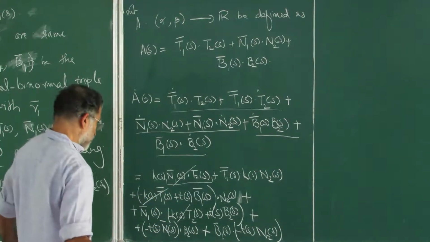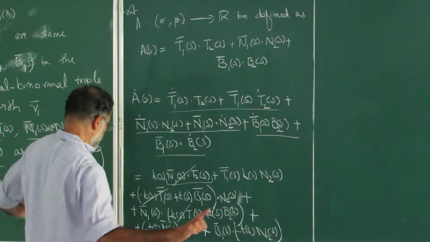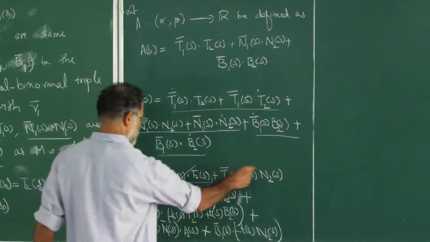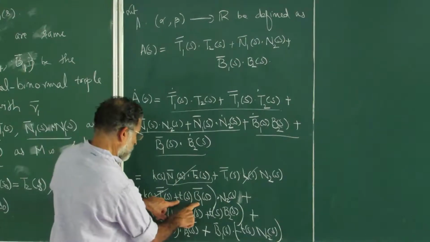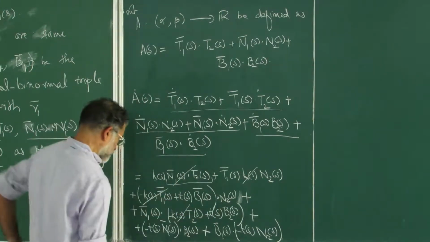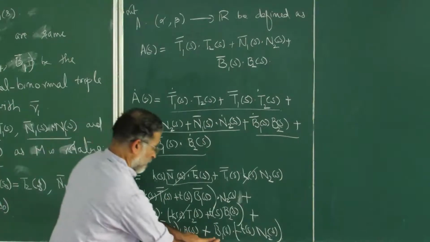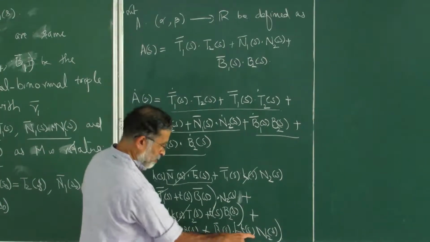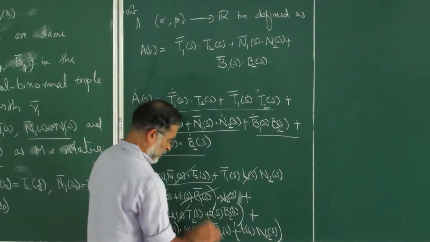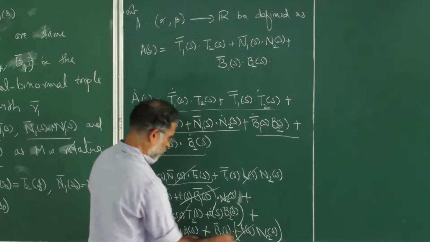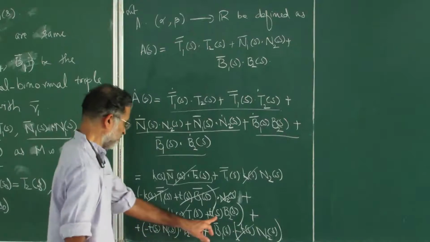One has to be careful. If you don't make any error, fine. So this term also goes, this goes. Now let us see B1 bar dot N2. Where is B1 bar dot N2? Here. B1 bar dot N2 with minus Ts as coefficient, here Ts as coefficient. So this also goes, this also goes. Similarly, the last one.